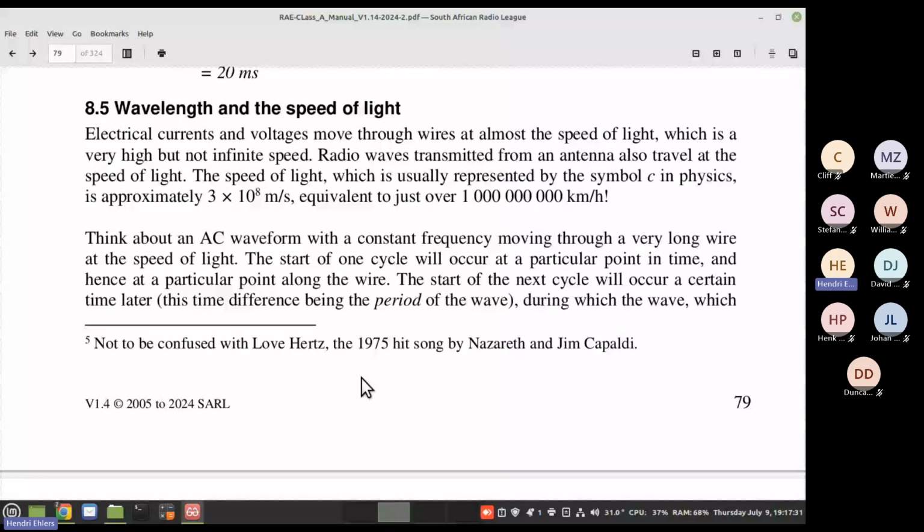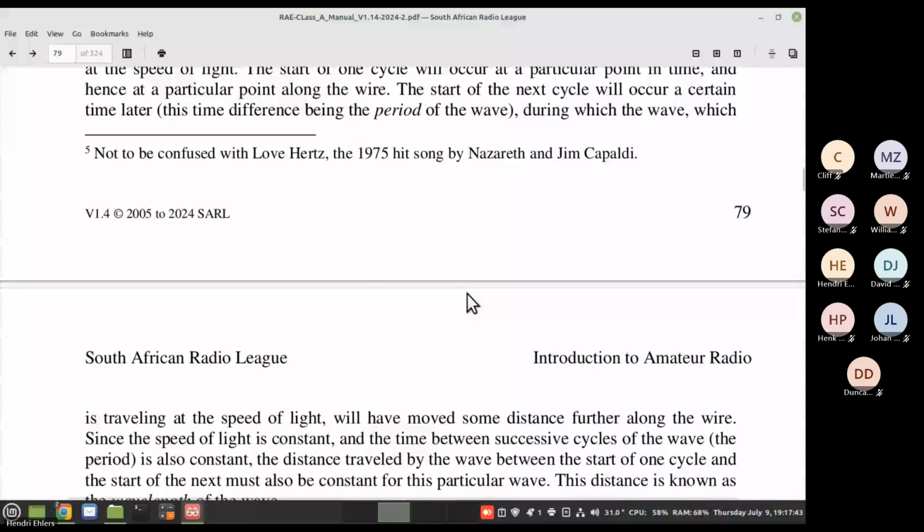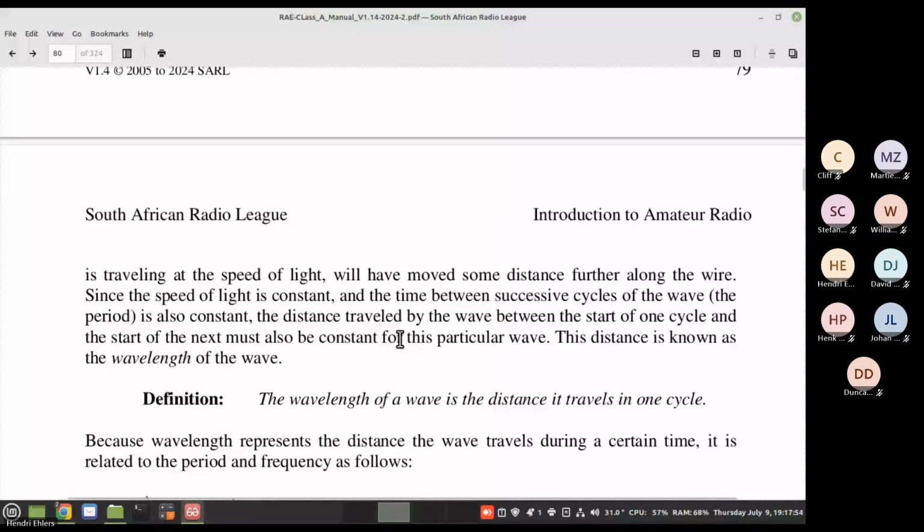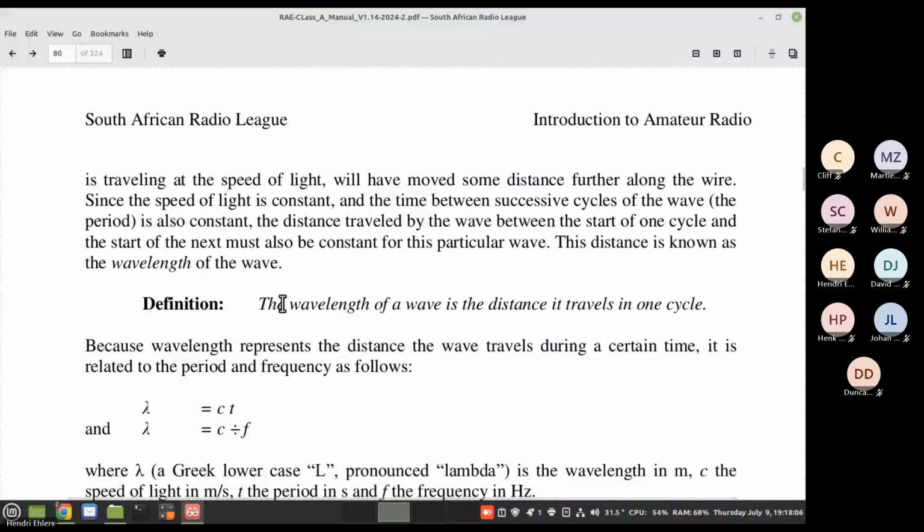This time difference is the period of the wave, during which the wave travels at the speed of light. The distance is known as the wavelength of the wave. Definition: the wavelength of a wave is the distance traveled in one cycle.